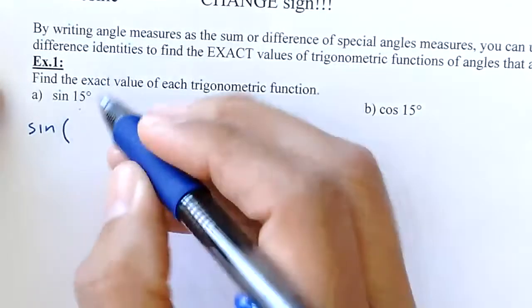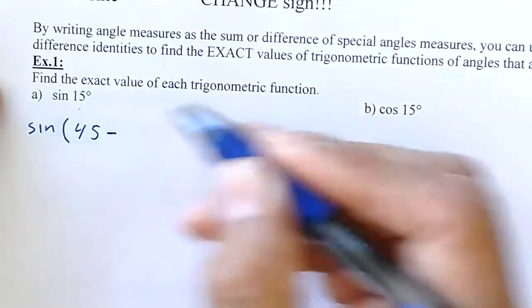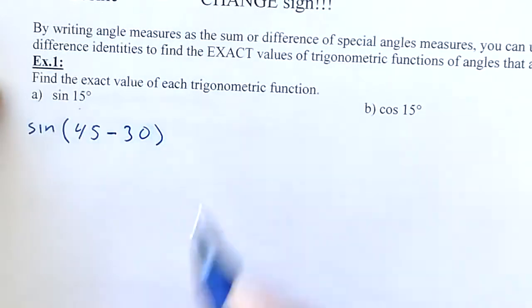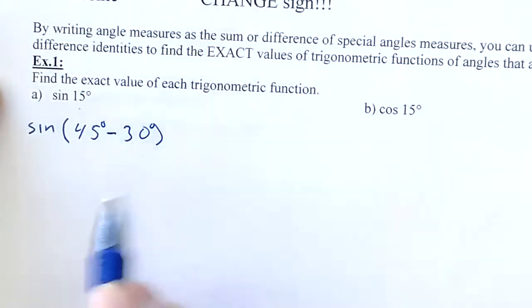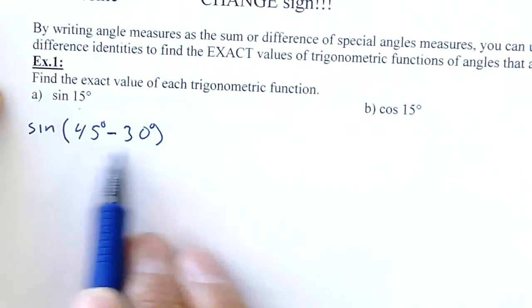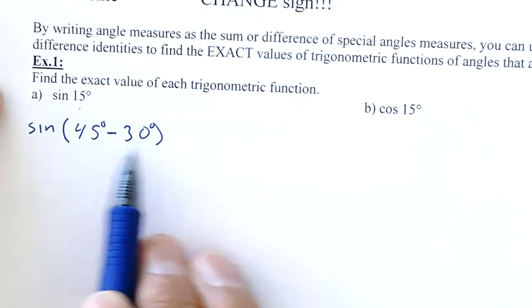And the 2 angles that I'm going to pick are going to be special angles. I'm going to use 45 minus 30 degrees, because if I subtract those, that's 15. And I'm using these because these are special, and I'll be able to draw a triangle to give me a special triangle and a special triangle.